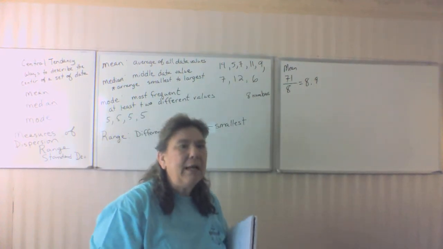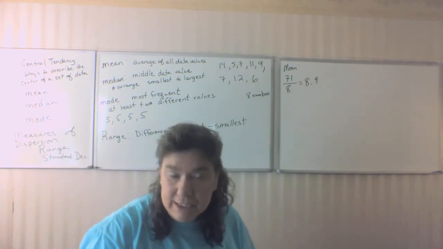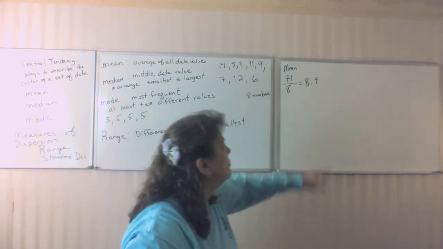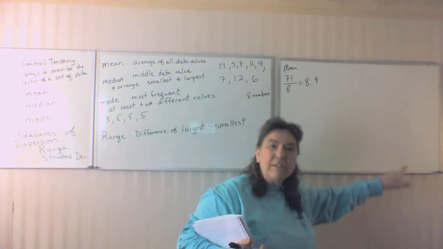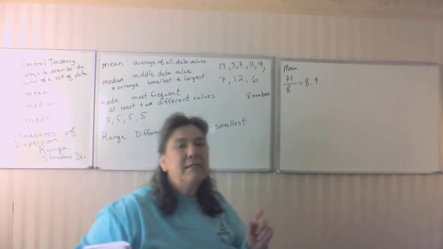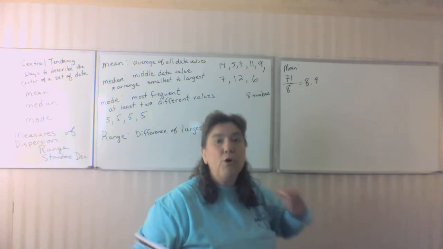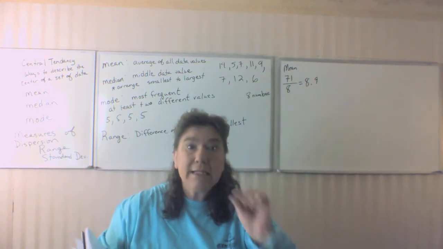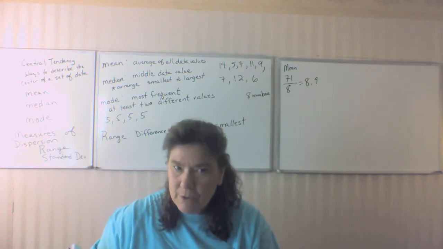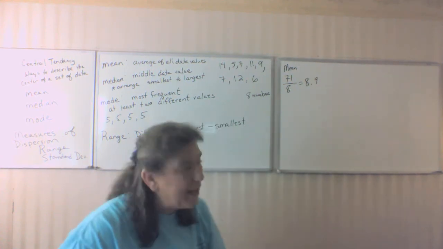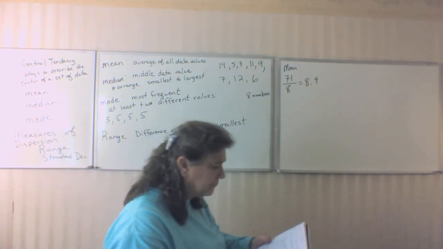Be sure to keep at least a tenth unless the directions tell different. If the directions say round to the 100th place, then that's what you round to. If it says round to the 1000th place, then you round to that. Some of you have a real bad habit of rounding everything to a whole number. Not acceptable, guys. Round it where they say to round it, because it makes a difference in your answers. So 8.9 is my mean.